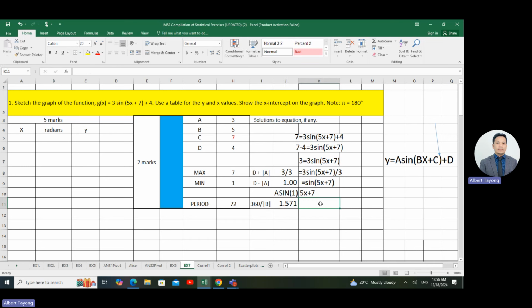5x plus 7. Here we can put space equals 5x plus 7. Here space equals 5x plus 7. So now we have to subtract these two. So equals this minus 7.